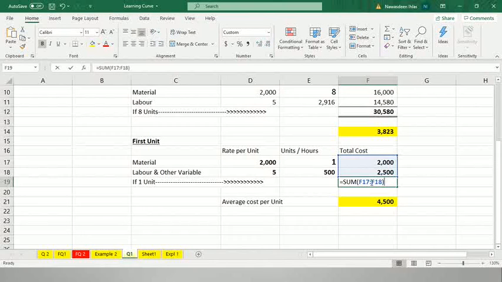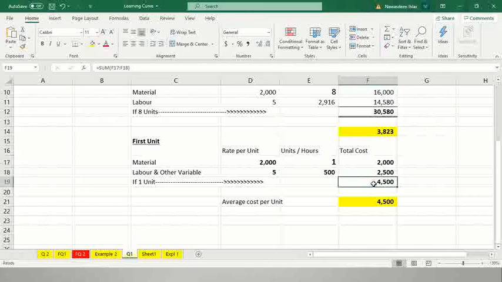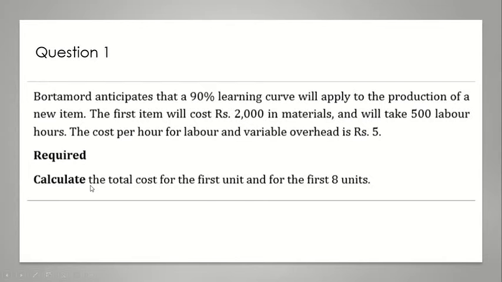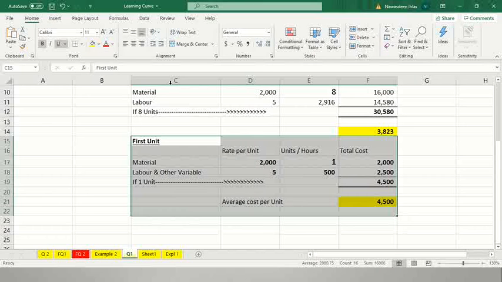So the first unit cost will be 4500, right? The average cost also will be the same. Why? The cost is 4500, output is 1, so average cost per unit also will be 4500. They are asking us to find the total cost for the first unit, so it will be 4500. This will be the answer.